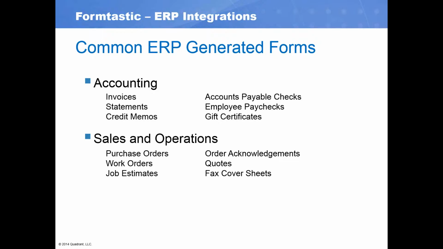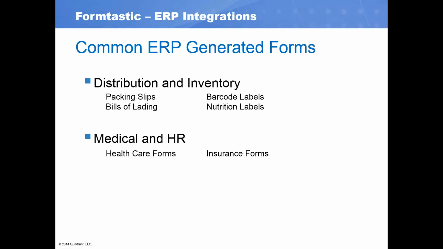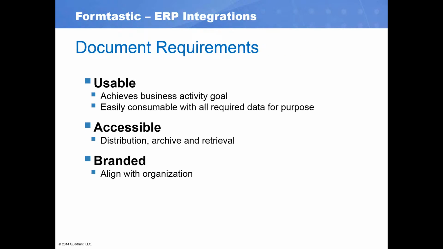For sales and operations, you have purchase orders, work orders, order acknowledgments, quotes, job estimates, and fax cover sheets. For distribution and inventory, we've got packing lists, bills of lading, labels, including barcode labels, even nutritional labels. And for medical and human resources, you've got healthcare forms and insurance forms.